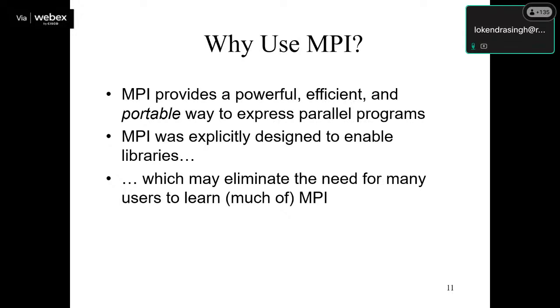So there is no need to learn much about MPI. First of all, you have to learn about 6 basic routines of MPI. Then, as per the requirements, you can read more and more libraries of MPI and use them.